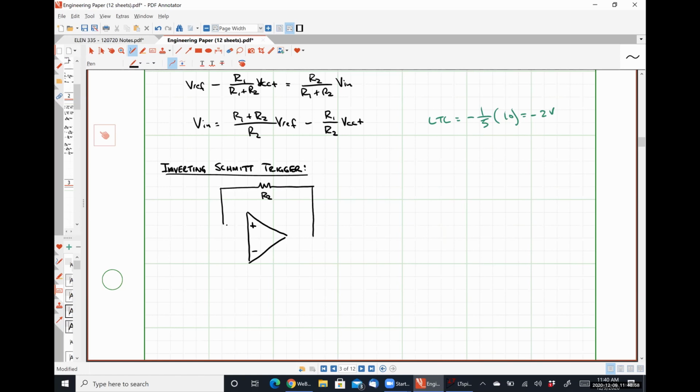Here's our resistor R2 in the feedback position. Here's our voltage V out. Here's our resistor R1. Here we apply V reference. Here we apply Vin.